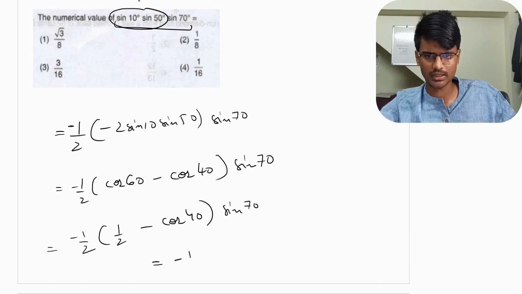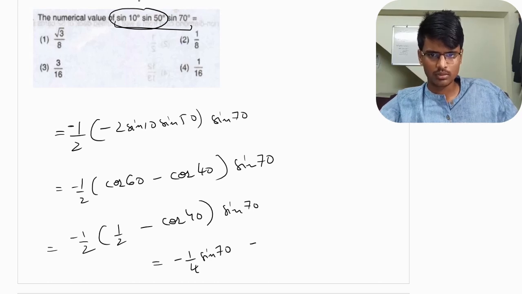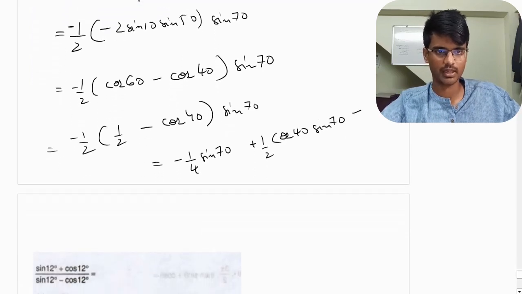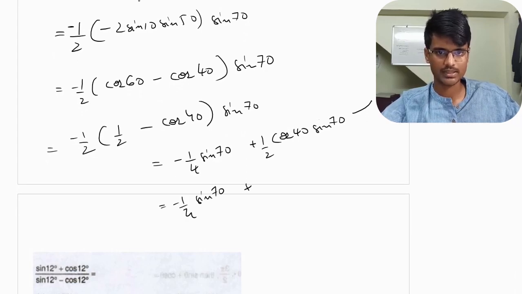This will be nothing but minus 1 by 4 sine 70 plus 1 by 2 cos 40 sine 70. So again I need to apply the formula here for this part. Minus 1 by 4 sine 70 plus 1 by 2, this I'll make 4 and this will become 2 cos 40 sine 70.